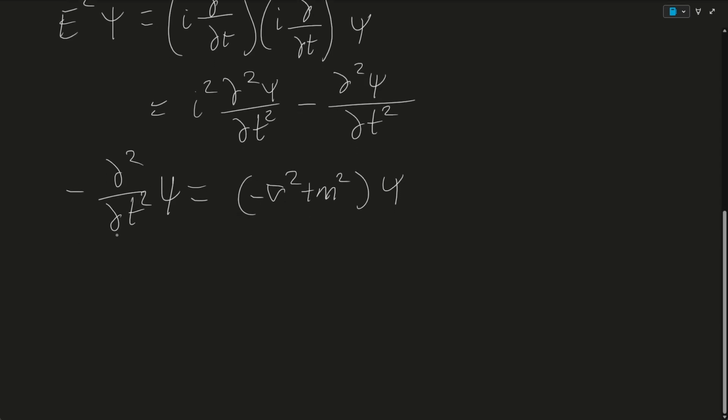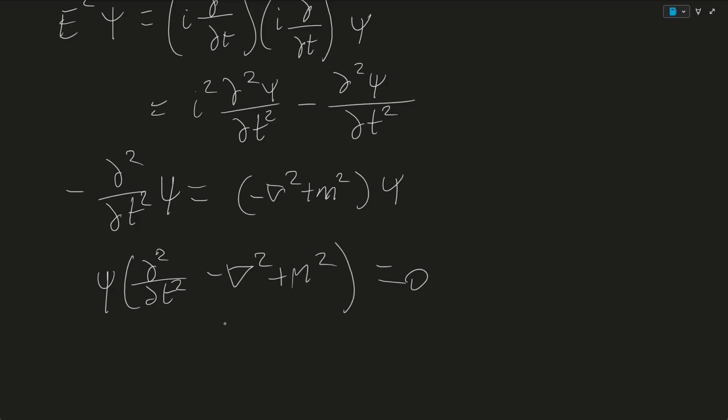Now just bring everything onto one side, so we can say that the second partial derivative of psi with respect to time minus the Laplacian plus the mass squared, acting on psi, is equal to 0.